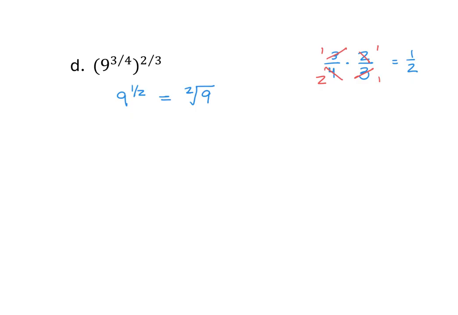Now, this is not a common notation for us. This is essentially just the square root of 9. This is one that we use so often that we usually don't write the index in there. And the square root of 9 is equal to 3.